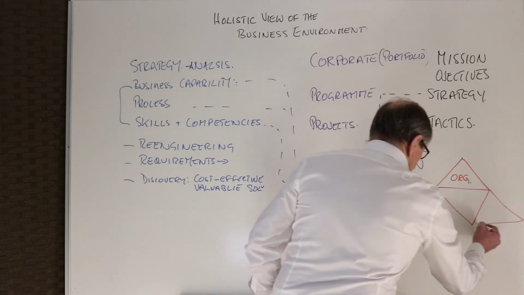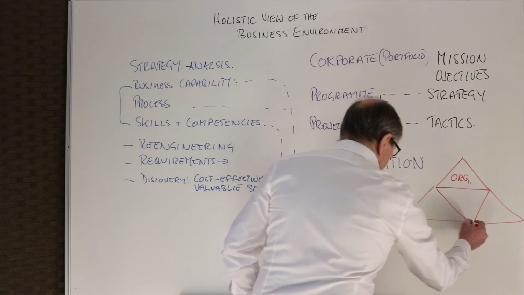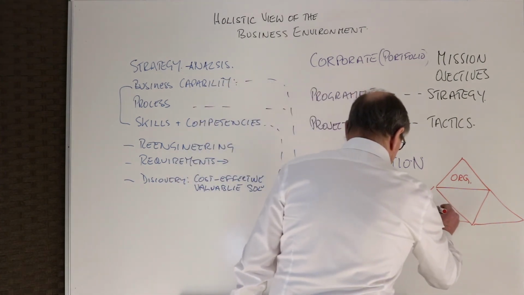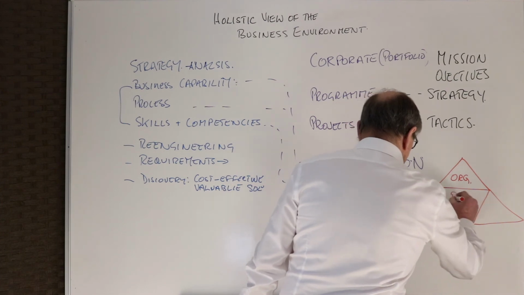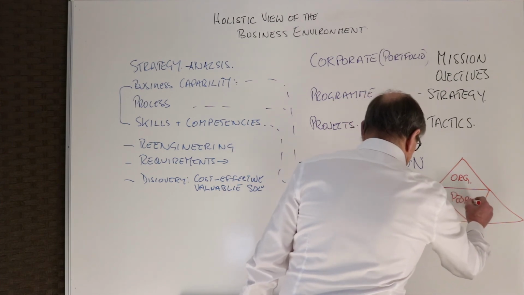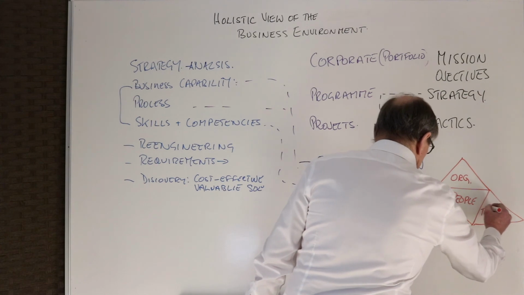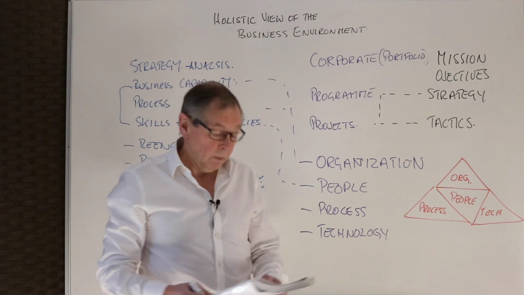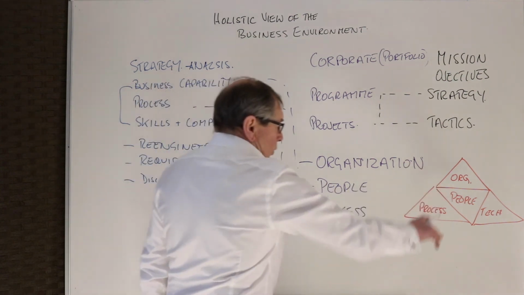And then by the process and the technology on the side here to support it. So we have the process here, the people in the middle that underpin the organization, and then the technology, which is also a supporting function. This gives you an idea of the view of the organization.